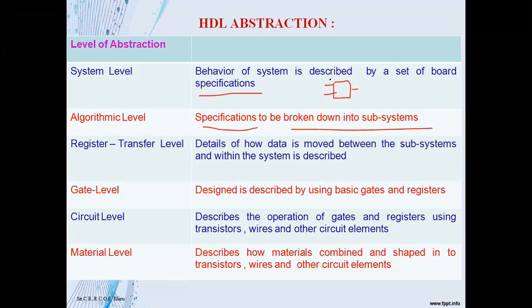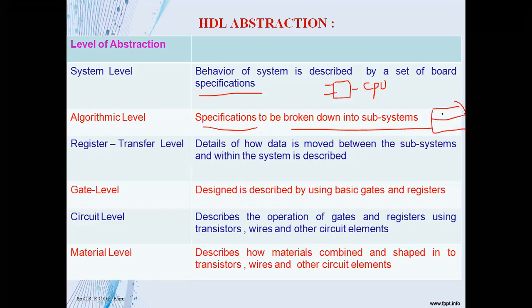The entire digital system described at the system level is now divided into subsystems. Taking the same example, the CPU of a computer at the system level, now at the algorithmic level the CPU will be divided into subparts.